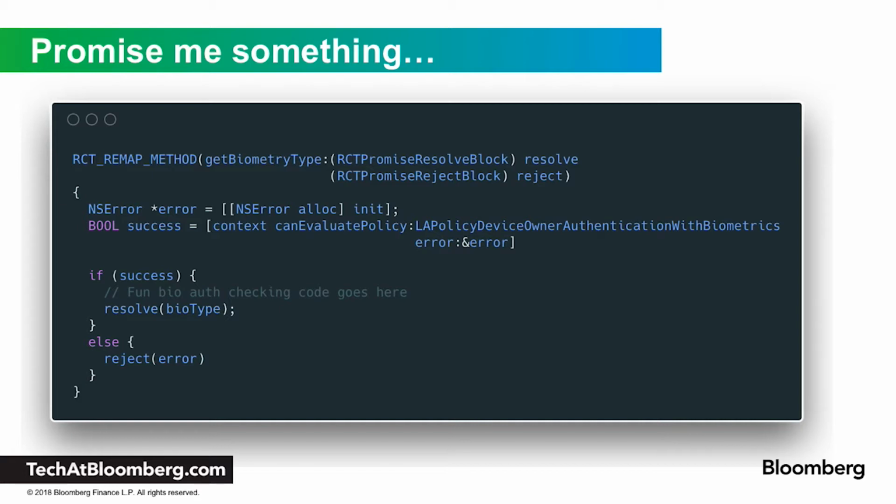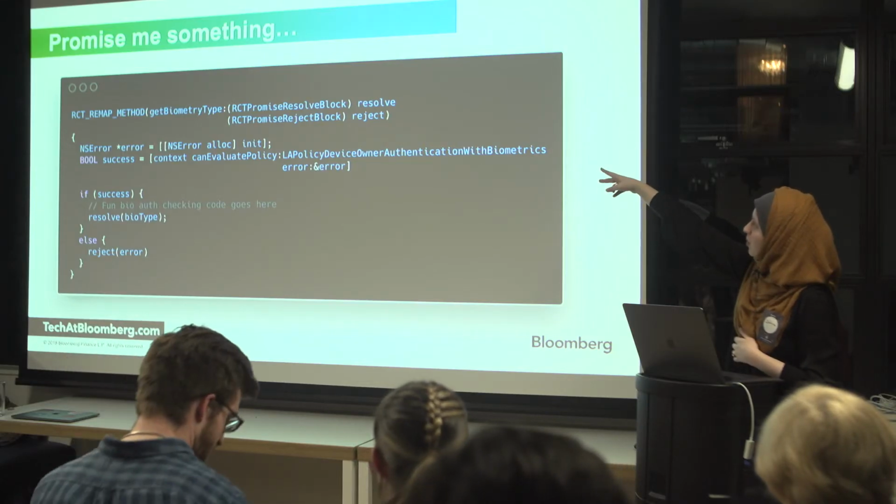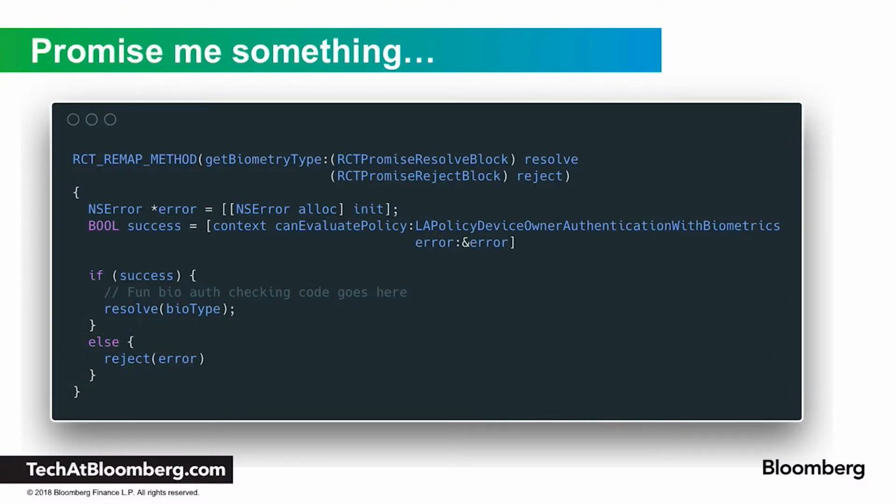So I've actually included a little bit of the Objective-C here that you would need to do it. It's about as verbose as Java can be. But essentially what's going on here is that at the top we provide 2 blocks as our arguments for this function. We've got a resolve block and a reject block. So this line essentially asks the device, can you tell me if this device has any sort of biometric authentication on it?